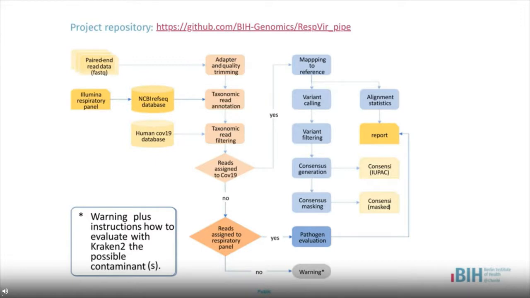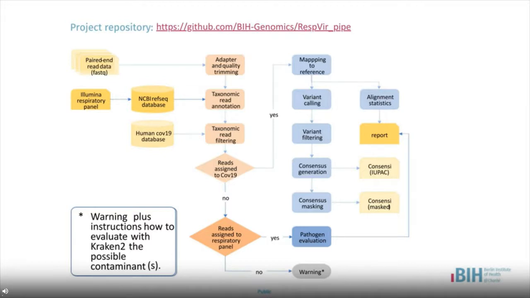The main focus of the pipeline is on COVID-19, but if any other pathogen included in the respiratory panel is detected, as presented at the bottom of the chart, it will be quantitatively evaluated, as highlighted at the bottom in blue, and also highlighted in the final report, which you can see in yellow on the right.